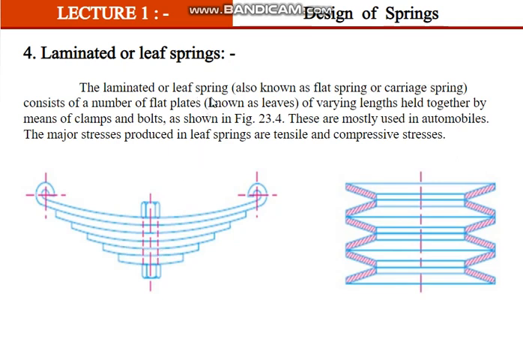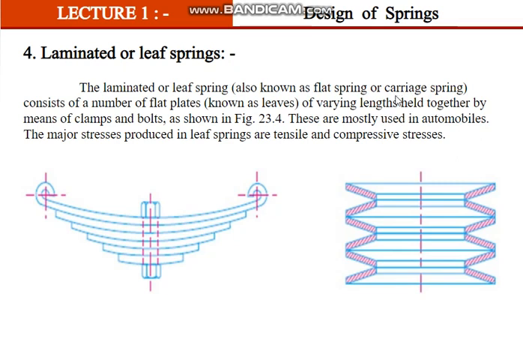These are leaf springs, also known as flat springs or carriage springs. Why carriage springs? Because you use them for carriages. Carriage means horse carriage or car, bus, trucks. Cars may not be using them, but they may be using them in buses, trucks, in trains also.